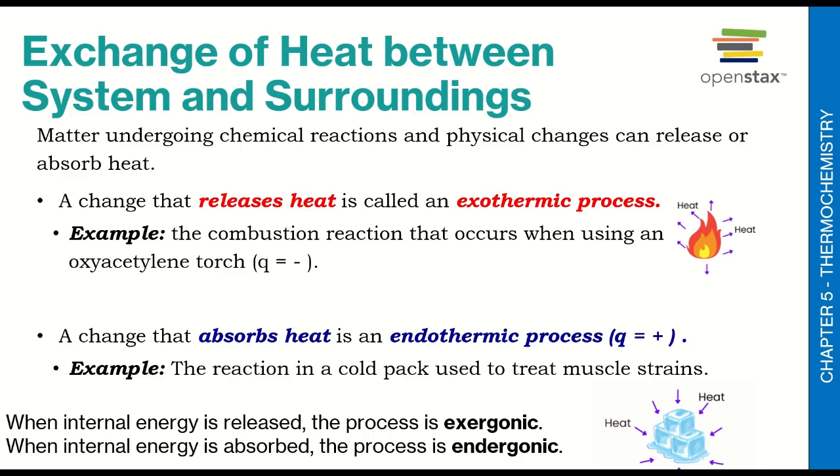So a change that releases heat is called an exothermic process. For example, the combustion reaction that occurs when using an oxyacetylene torch. So we're going to have heat, so we are releasing heat. Or a change that absorbs heat is an endothermic process, and the heat that we use, q, to represent heat is positive.